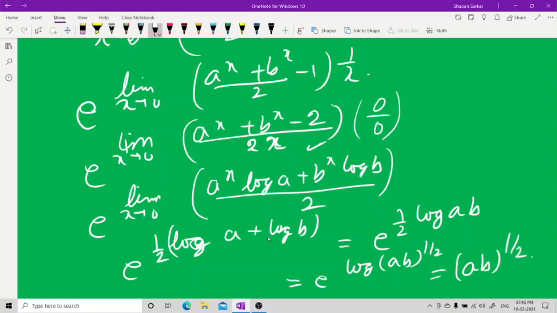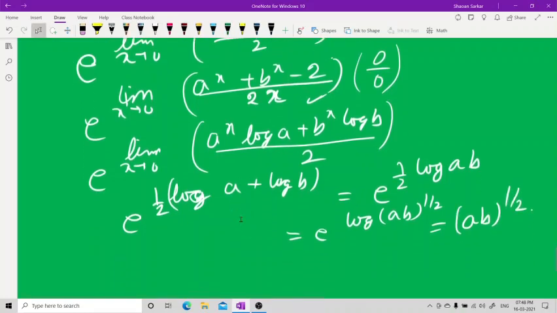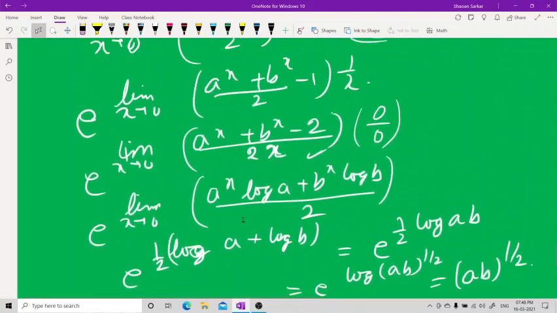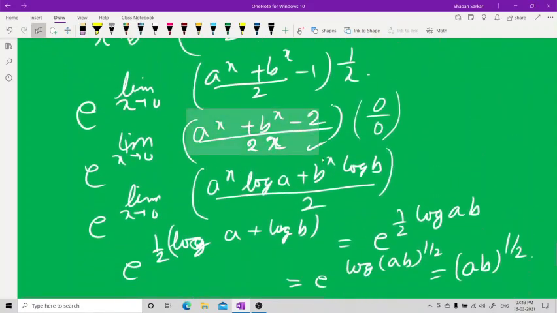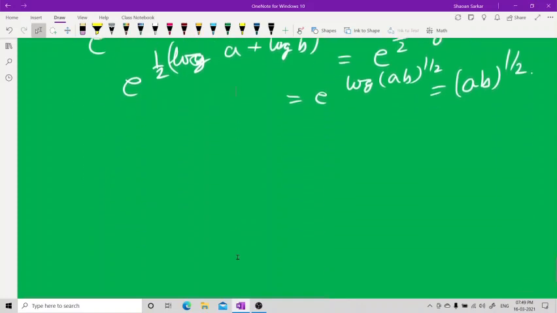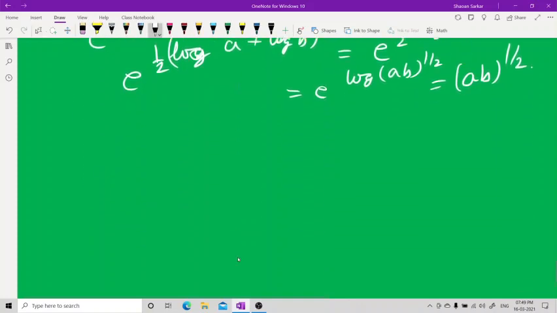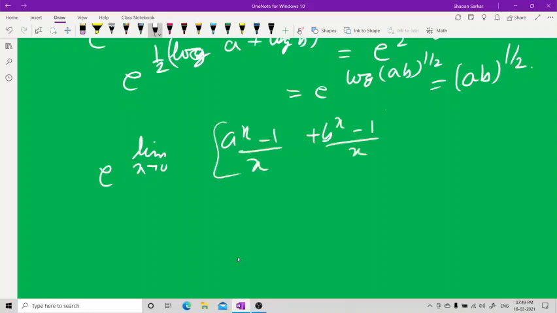I was telling you, you can do it in another form. I am talking only about this much part. See, e to the power of limit x tending to 0, (a to the power of x minus 1 plus b to the power of x minus 1) upon x, and then you take this 2 out, half out.